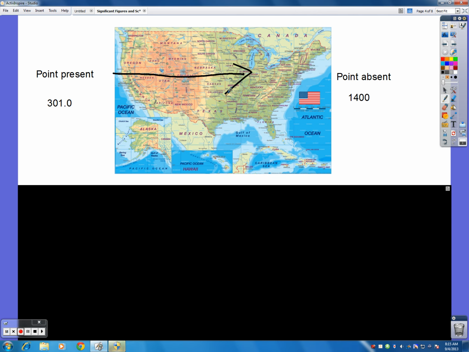So in this case, there's a point present in 301.0. 3 is our leftmost non-zero number. We're going to go all the way, think Pacific, it's all the way on the left. And so any numbers to the right of that 3 are significant. So this would have 4 significant figures.